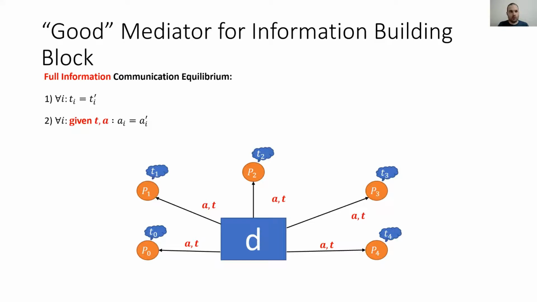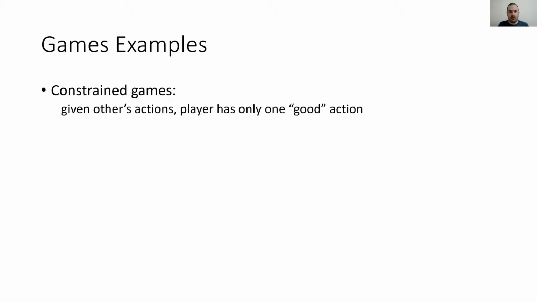So we can ask what kind of problems can be converted to be used with the full information communication equilibrium mediator. We found two classes of problems like this. First is the constrained games. In these games, a specific player doesn't have an incentive to deviate from the recommended action if all the other players follow the recommended action.